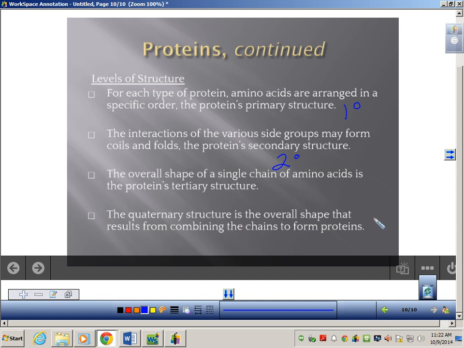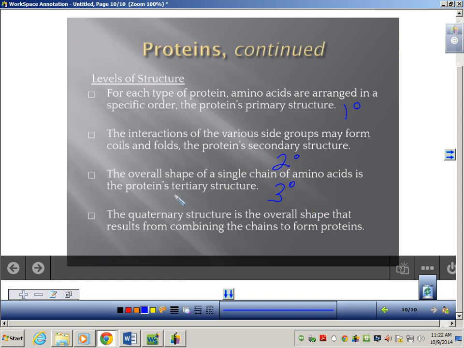The third thing that happens is some of those R groups, those functional groups, will actually form stronger bonds with each other. Some of them are sulfide bonds, some are covalent bonds, but they'll actually form these permanent bonds to each other. It's almost like they fold again and become permanently bound in a structure. And at the tertiary structure, I can actually be a protein here.